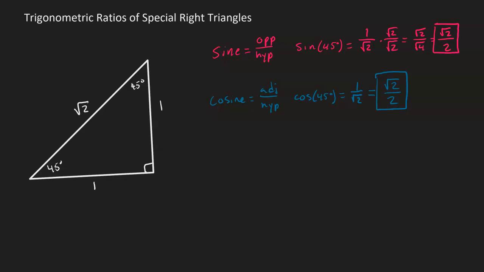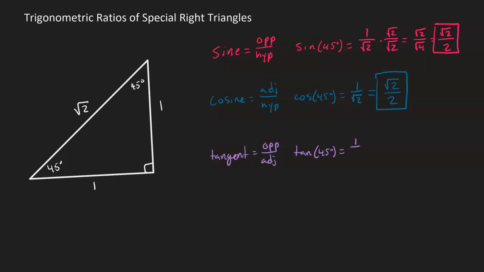The last one I'm going to take a look at is my tangent. And I know tangent is opposite over adjacent. Let's take tangent of 45 degrees. If I'm looking at this 45-degree angle over here, my opposite is 1, my adjacent is 1.